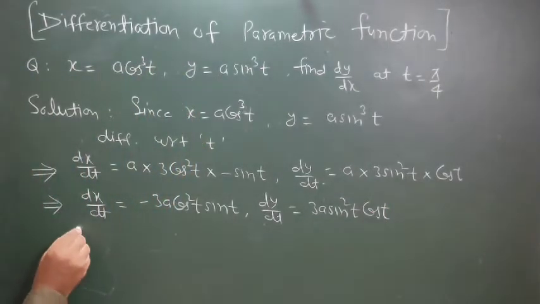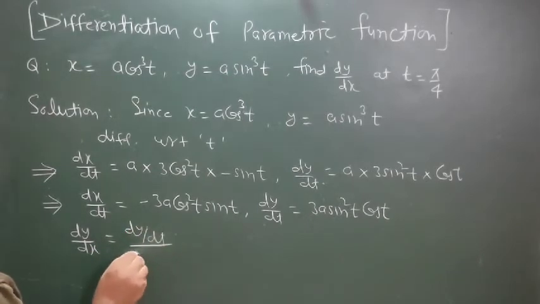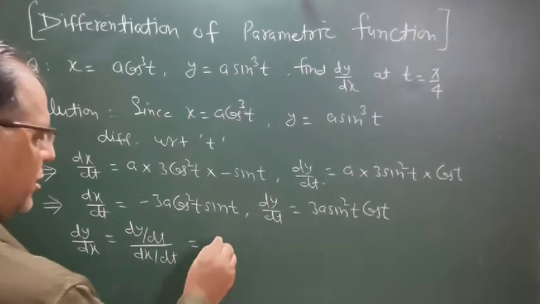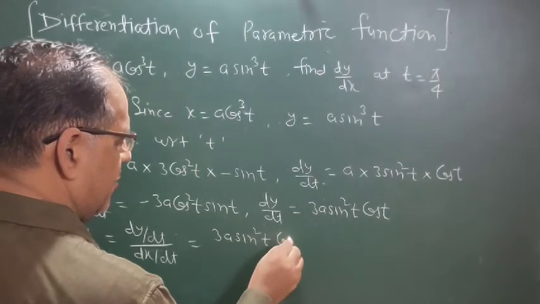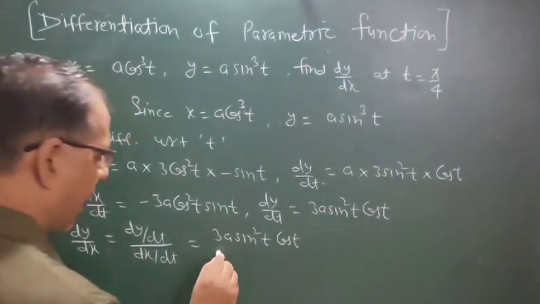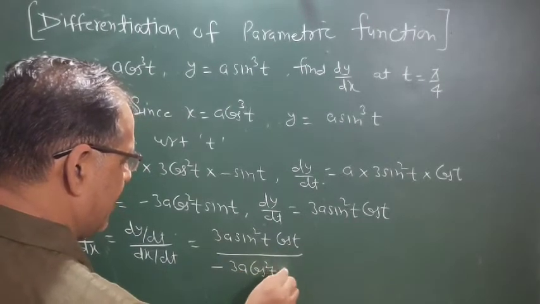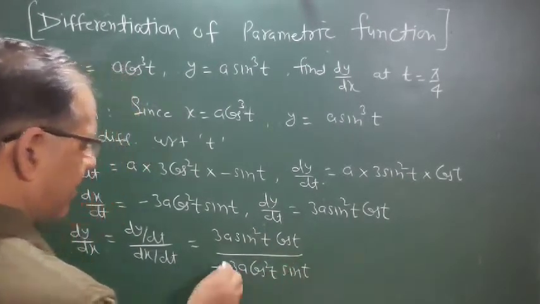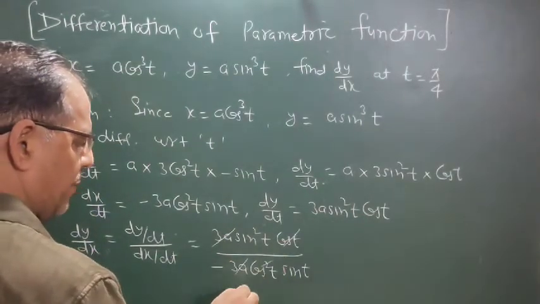Finally, we use the identity formula, dy over dx equal to (dy upon dt) upon (dx upon dt). So 3a sin square t cos t upon minus 3a cos square t sin t. 3a cancels out, 1 cos cancels out with 1 power.